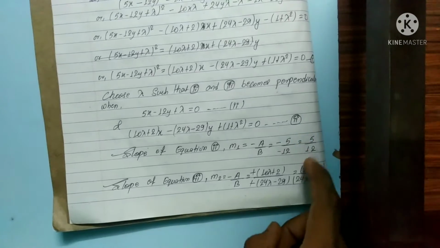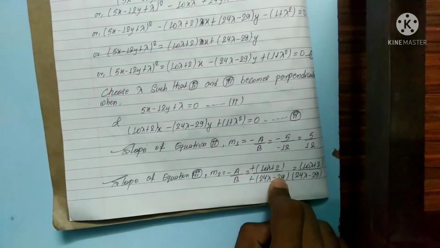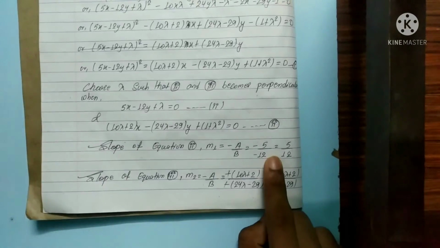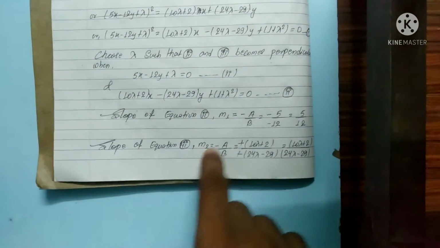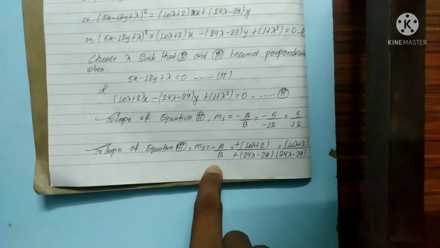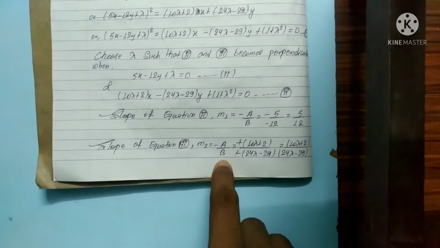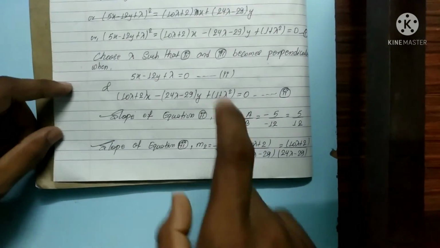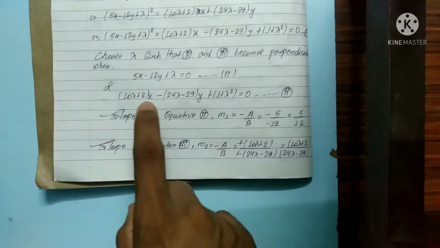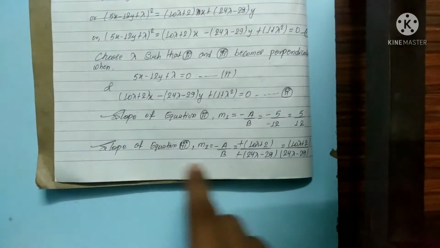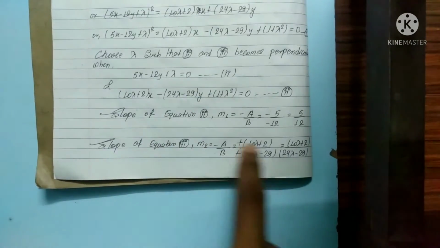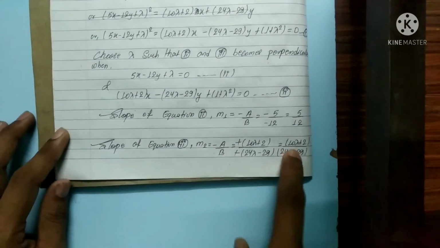Now we found the slope of equation 2. Now we go to the slope of equation 3, m2, and we know the formula of slope is minus a by b, where a is the coefficient of x and b is the coefficient of y. So we found the value of the slope m2.